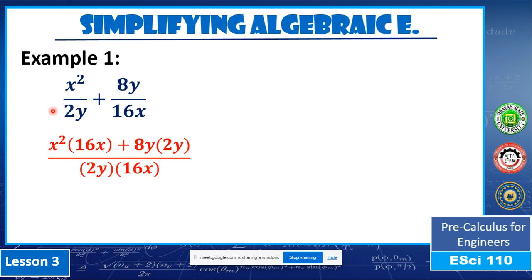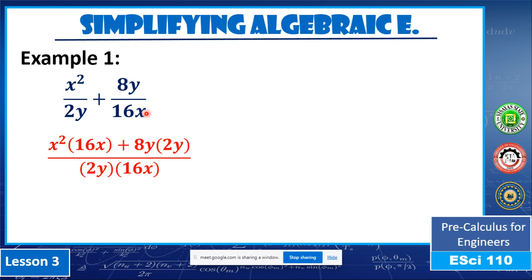Then 16x multiply the numerator of the first fraction. So we arrive at this first term, x squared times 16x. On the second term, balik ta sa LCD. Let's go back to the LCD, which is 2y times 16x. Then we're going to divide it with the denominator of the second fraction, which is 16x. Yung maiwan is 2y.